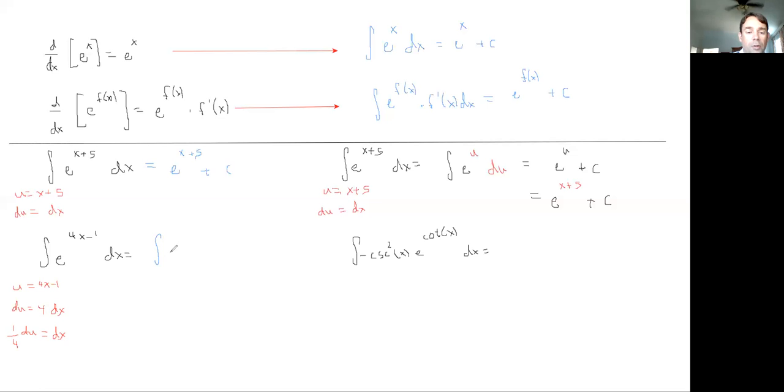All right, so we're going to plug everything in here. So I get my e, I had a u. In place of dx, I had times 1/4 du. So that means that 1/4 comes to the outside there.